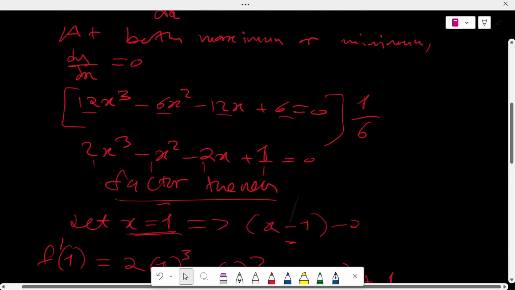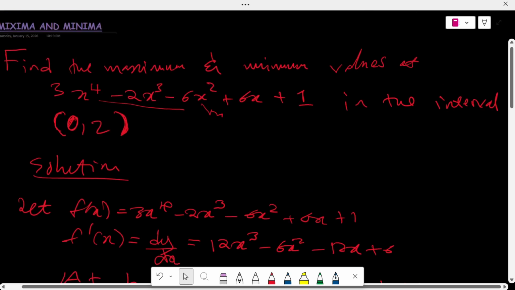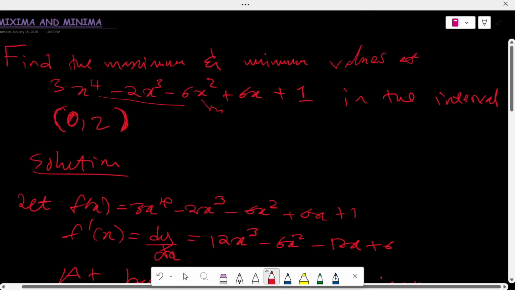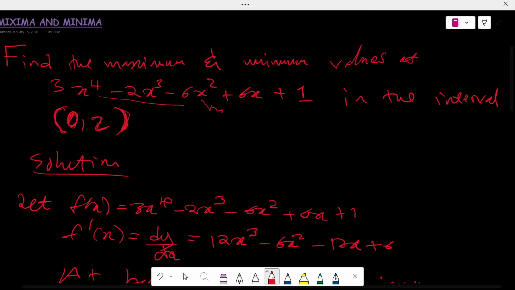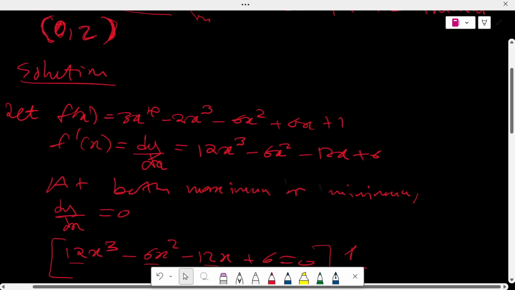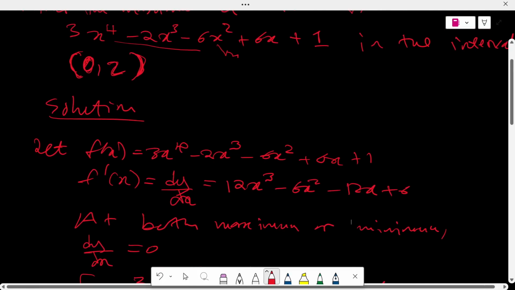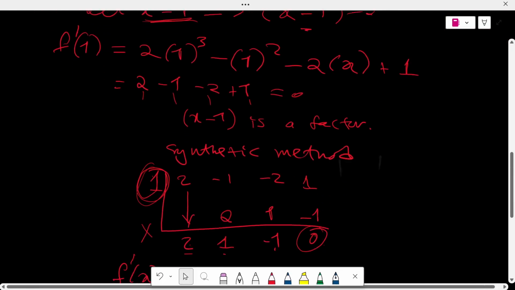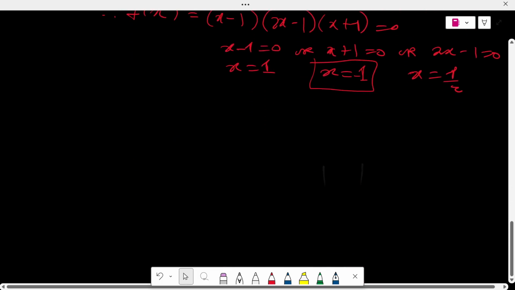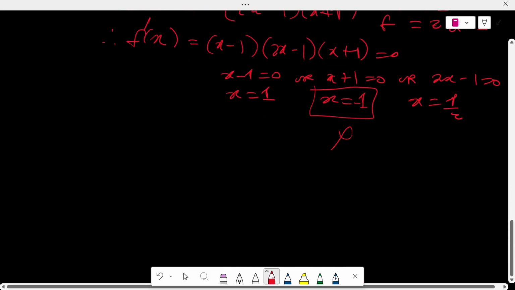If you remember the given range, this is from 0 to 2, the numbers in between, meaning negative 1 is outside the range. So we're not going to find anything for negative 1 because it's outside our range. So this one is already cancelled.